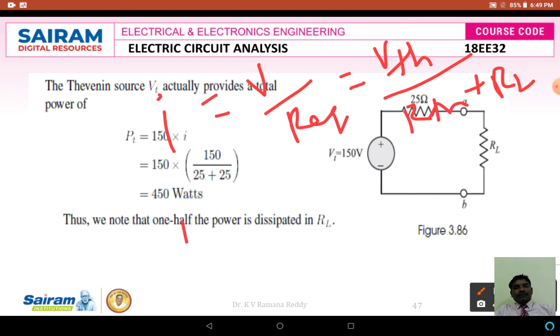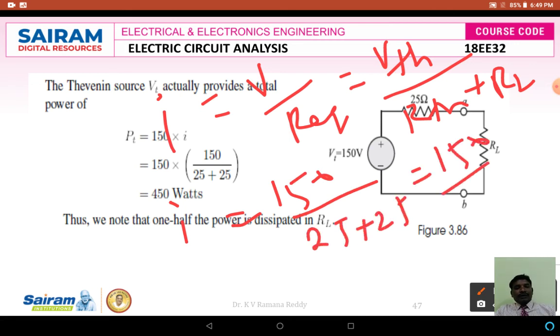Therefore I becomes 150 divided by 25 plus 25, that is 150 divided by 50, which is 3. Therefore I is equal to 3 amperes.